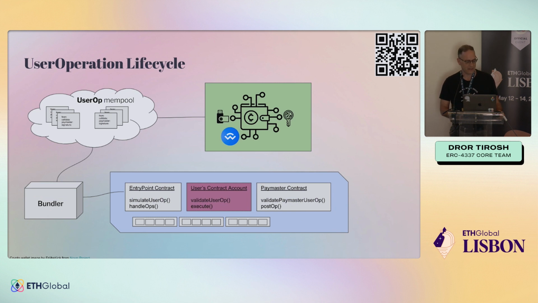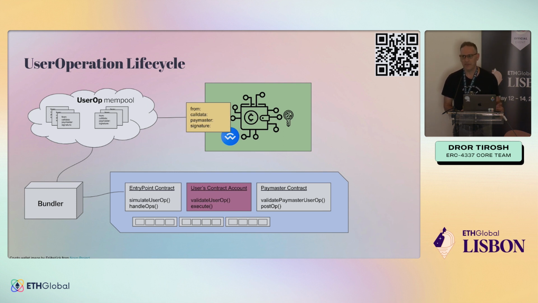Let's see the life cycle of a user operation, how it goes, and compare it with a normal transaction. The green one is a wallet, a software wallet. I, as a user, want to create a transaction. It could be an Android device. It can be a browser extension. I don't care. Using WalletConnect or whatever. So it creates a user operation. These are just a few of the fields of it.